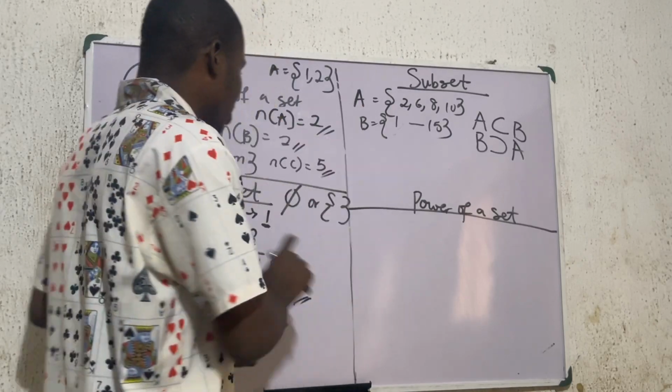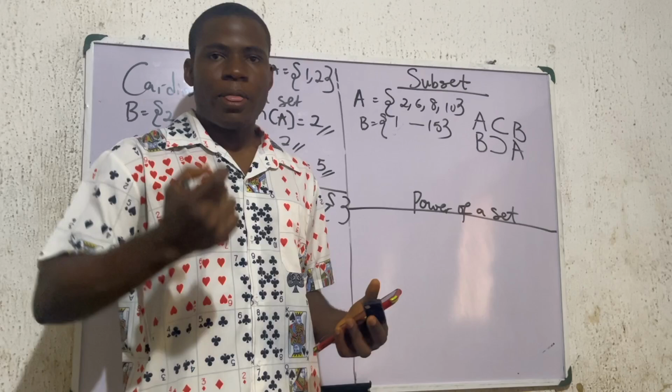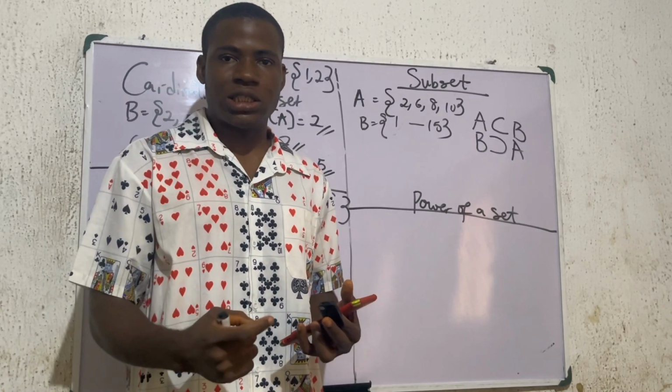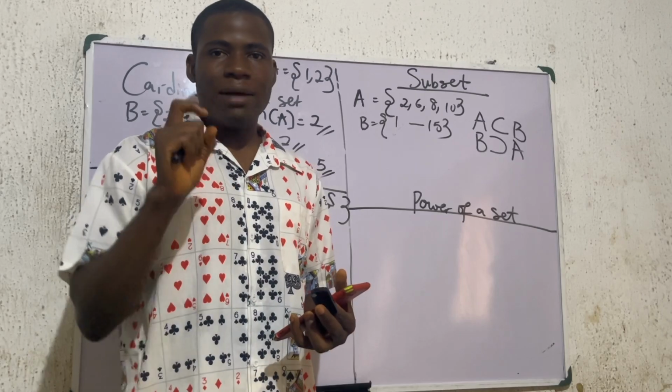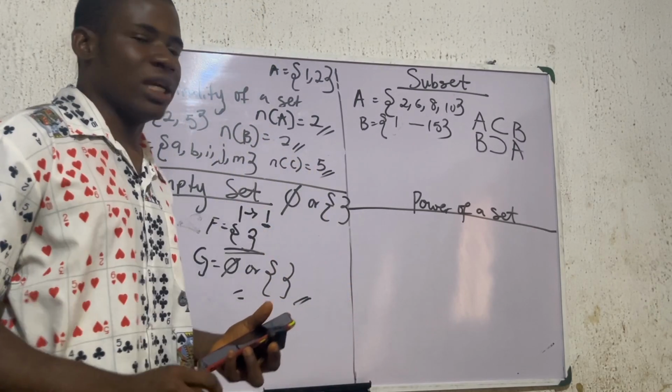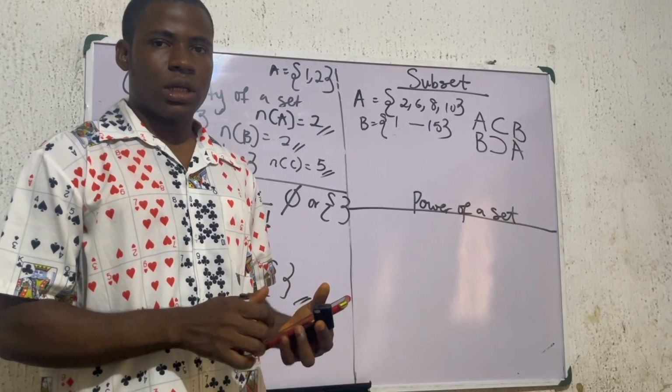And since we've talked about empty sets, note that an empty set is a subset of every other set generally in this world. An empty set, a set without any element, is a subset of every other set. Do you understand?